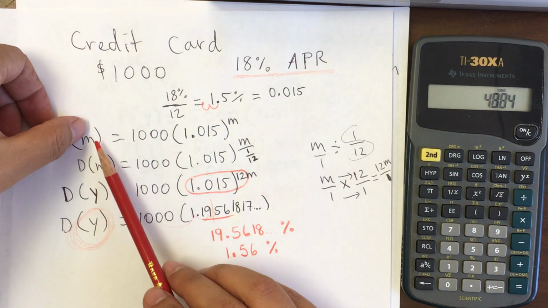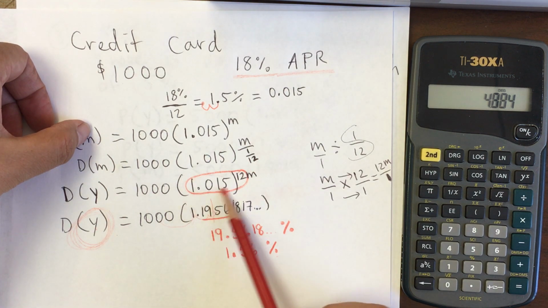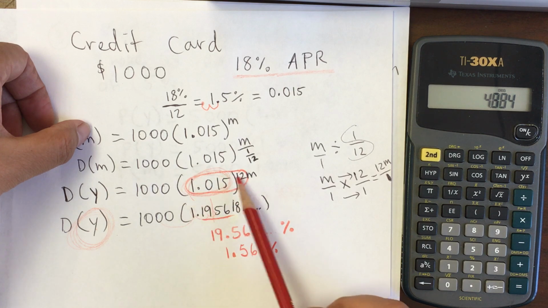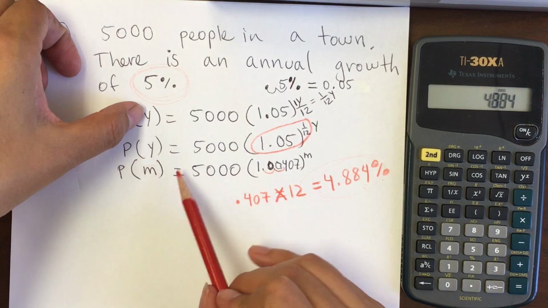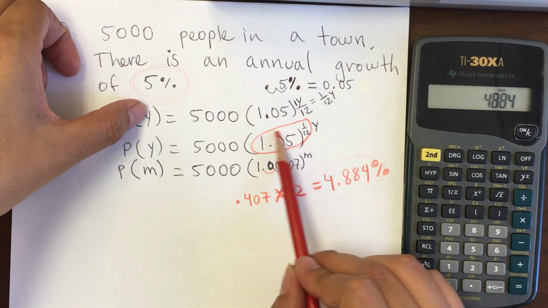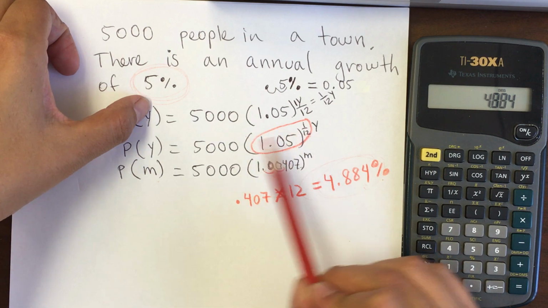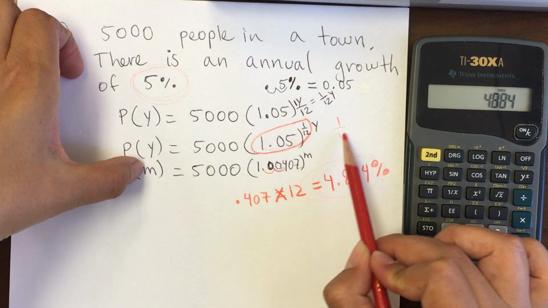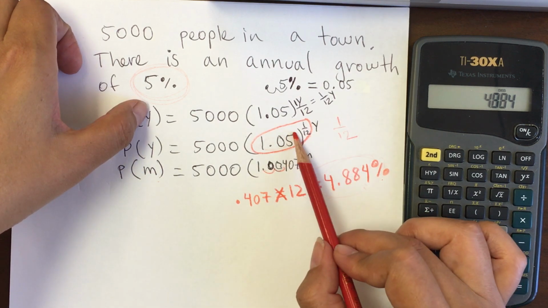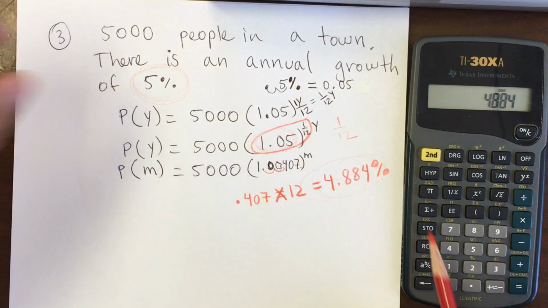When we're going from months to years, we raise the base to 12, to the 12 months, okay? When we're going from year to month, we raise the base to 1/12. From year to month, 1 month is 1/12 of a year. That's why we raise this base to this power.